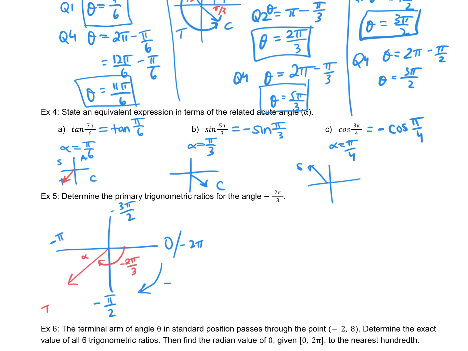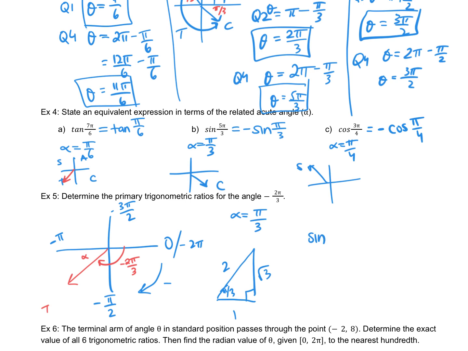And my alpha is right in here, and alpha is pi over 3. So I'm going to look at my equilateral triangle to set up my ratios. Now I'm just going to draw that triangle right here so I don't have to flip back and forth. And there's pi over 3, that 60-degree angle.